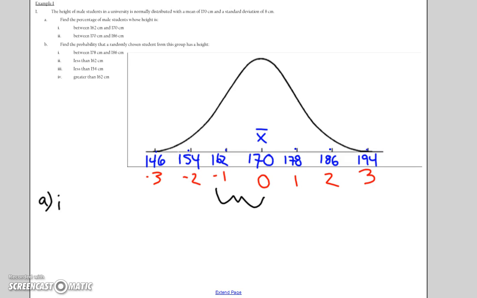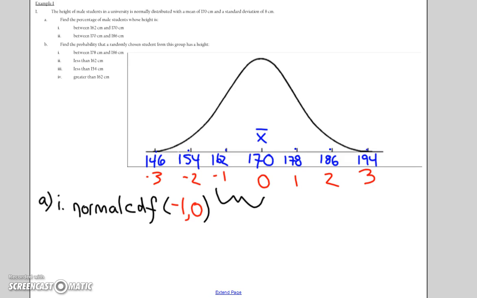So if you're doing this in the calculator for part 1, you can go ahead and just get by doing the second vars and then getting the normal CDF, not P, CDF, put in your left bound, which we said is -1, your right bound, which we said was 0.